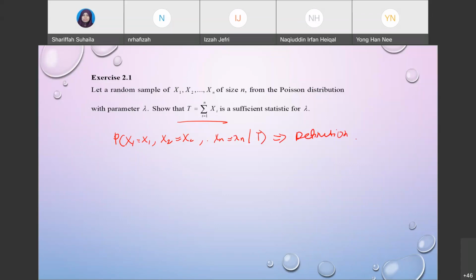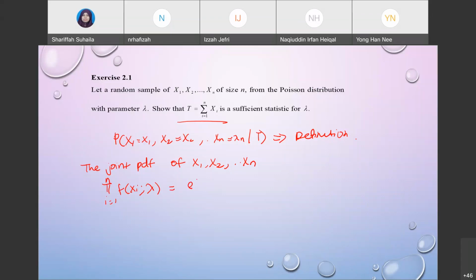So the same thing, you have a Poisson distribution. If we have the joint PDF of X1, X2, ..., Xn, which comes from the Poisson distribution, we have the product from i equals 1 to n of f(xi; lambda).